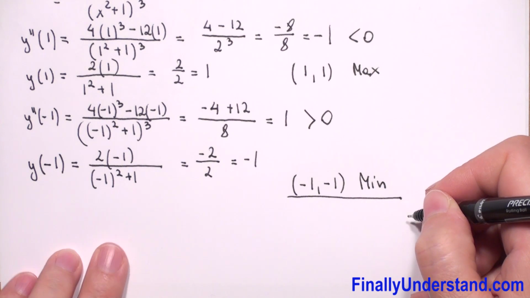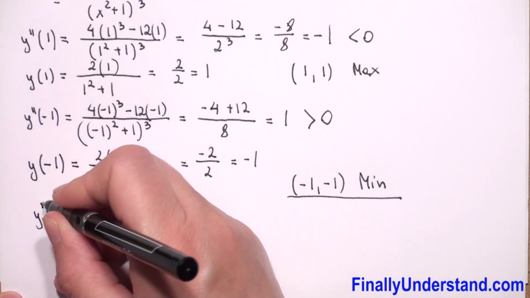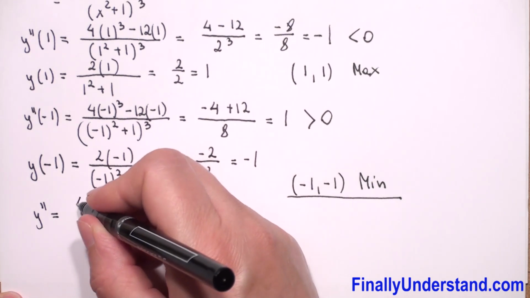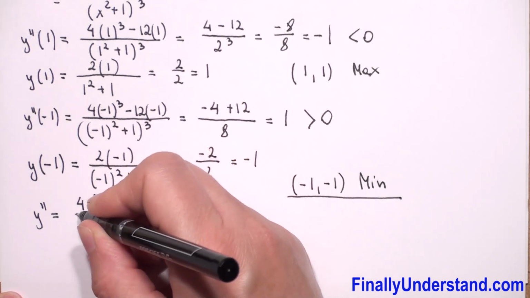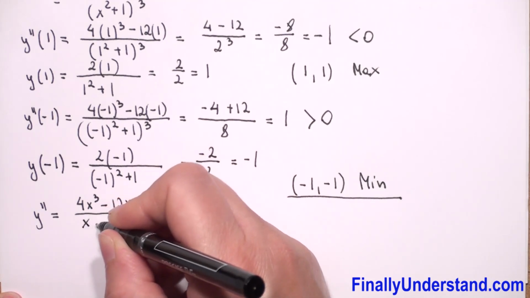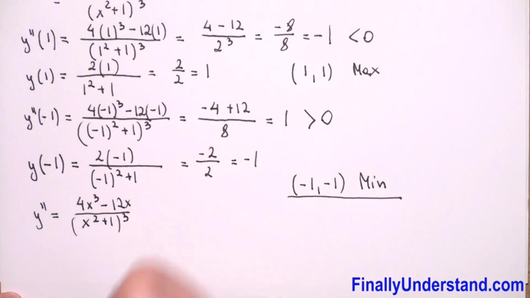Now we have to check if our function has inflection points. To find inflection points, we have to set our second derivative to 0. So let me copy first our second derivative. We have 4x to third minus 12x over x squared plus 1 to third power.